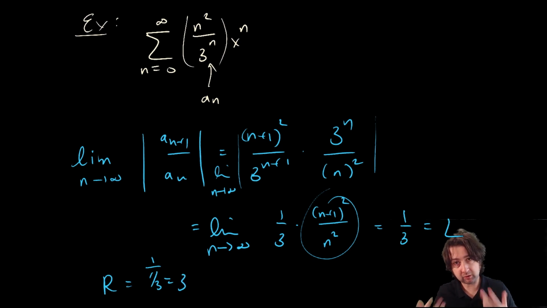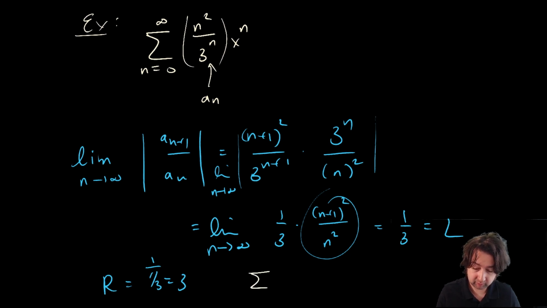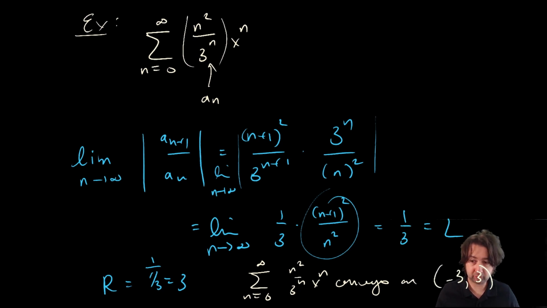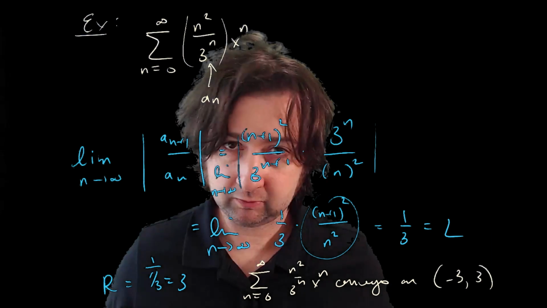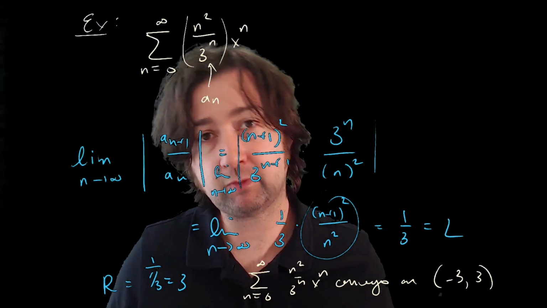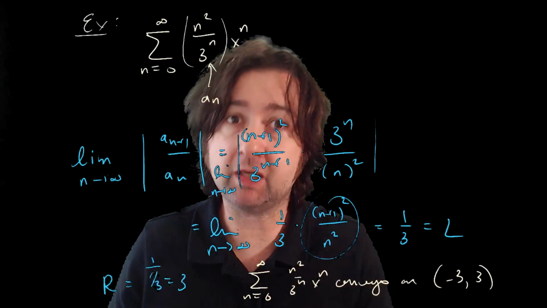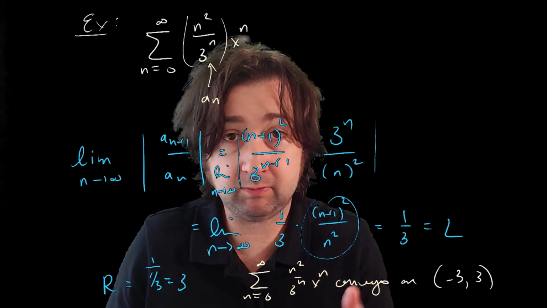And we can make that concrete and say what the interval of convergence is by saying that the sum from n equals 0 to infinity of n squared over 3 to the n x to the n converges on the interval from -3 to 3. So for all those values, from -3 to 3, that's where this power series makes sense to think about as an object that has a meaning.